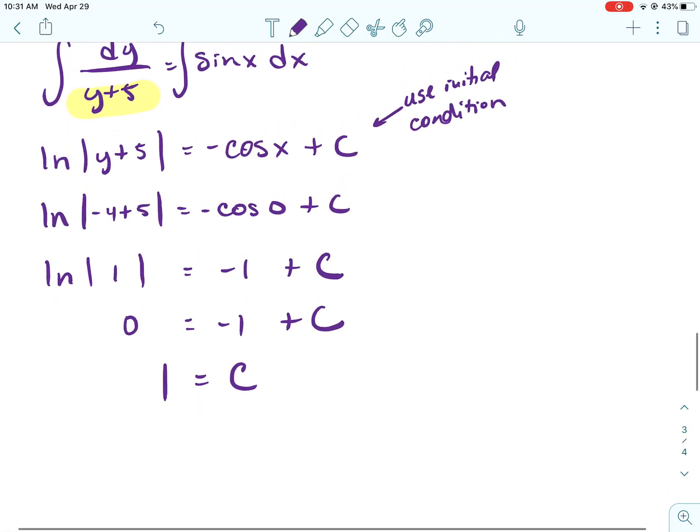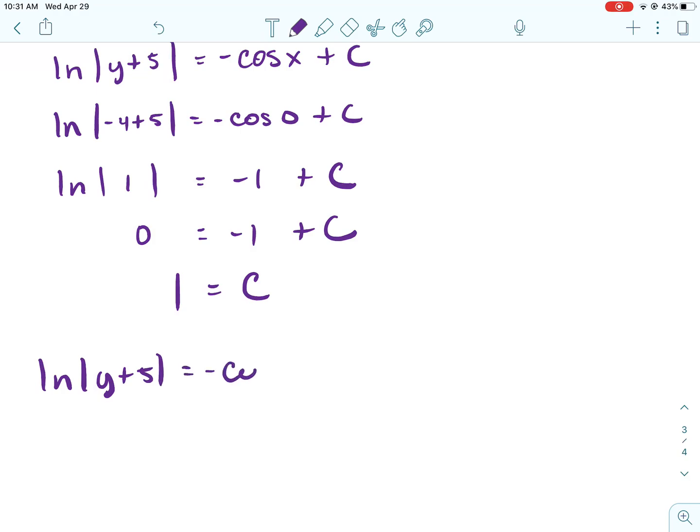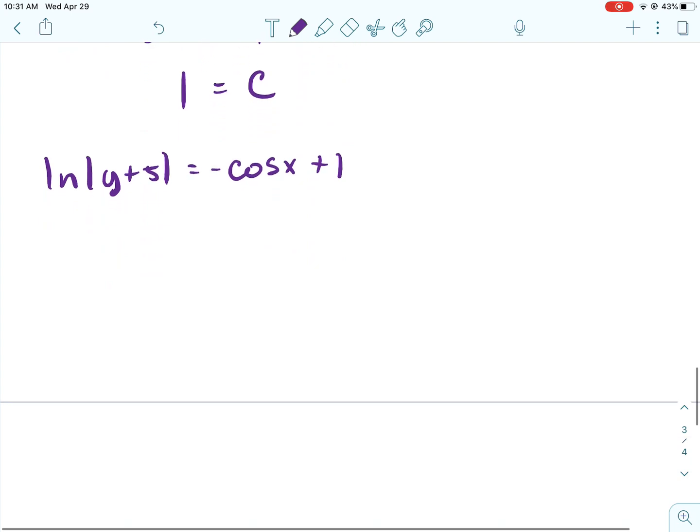And then the cosine of 0 is 1, so the negative cosine of 0 is -1. So we're going to get that c is 1. So I would go right back to where I was when I drew this arrow to use the initial condition and put 1 in for that c.